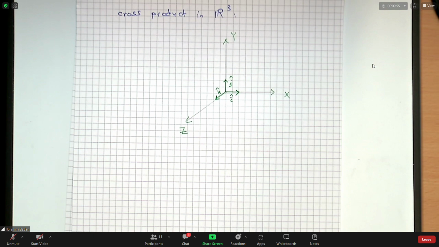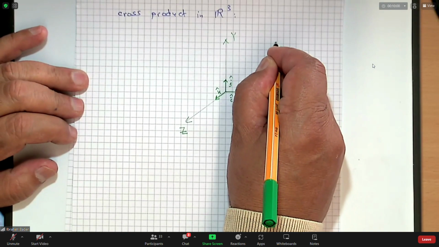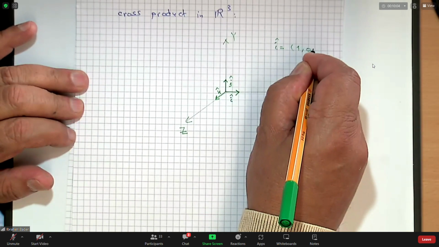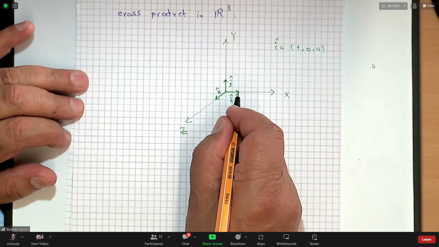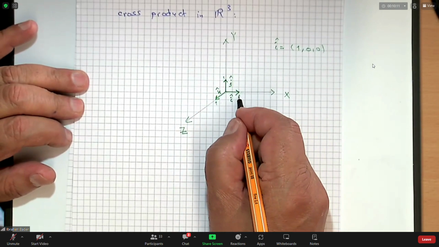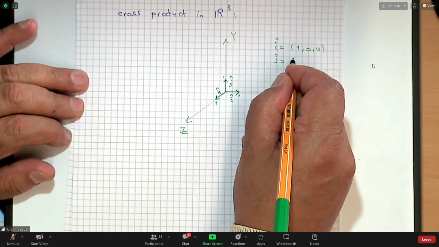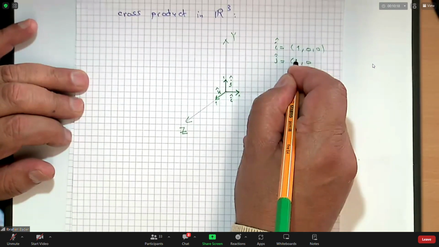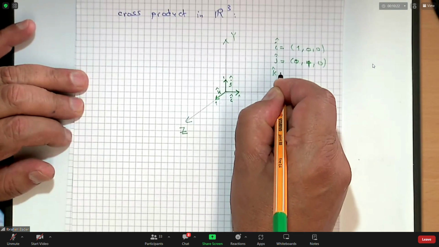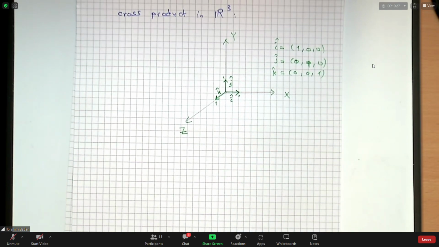And remember that the I coordinates, as stated here, are 1, 0, 0, right? So it is located here. This is 1, this is 1, this is 1. The J coordinates, you remember, are 0, 1, 0, and K is just the vector 0, 0, 1.